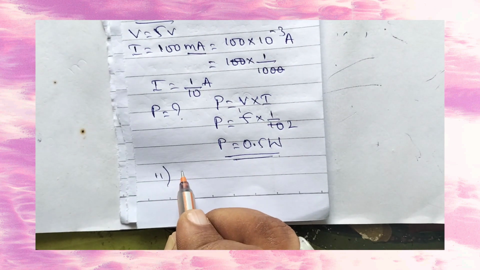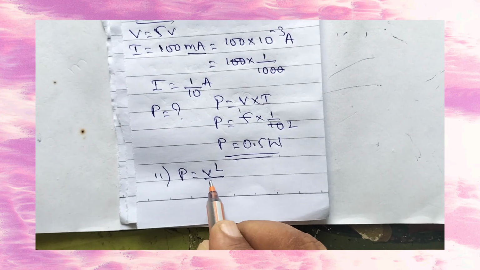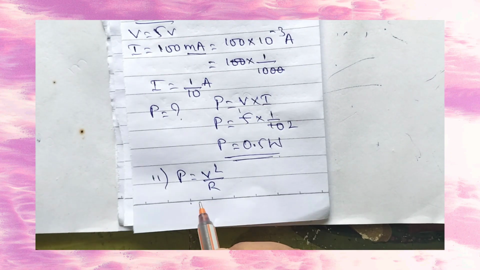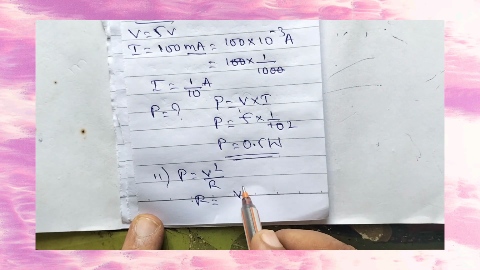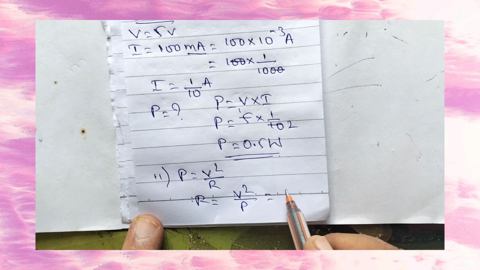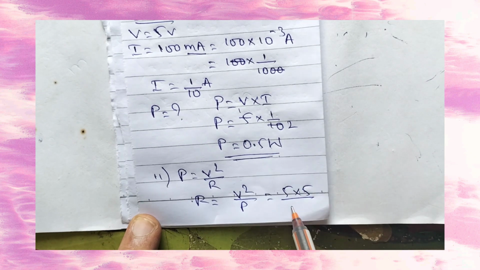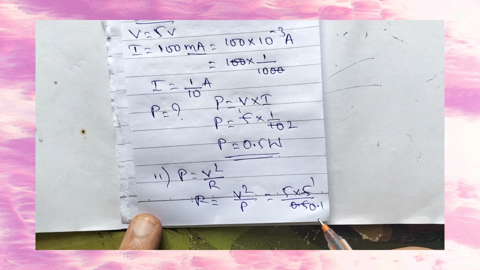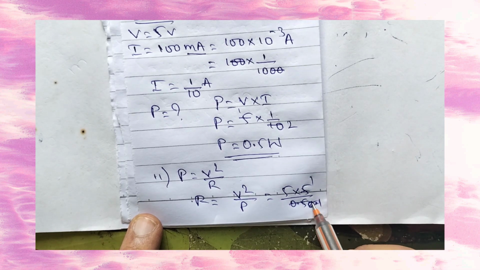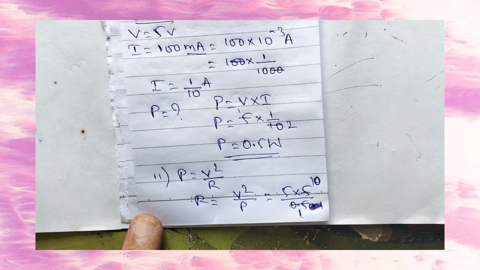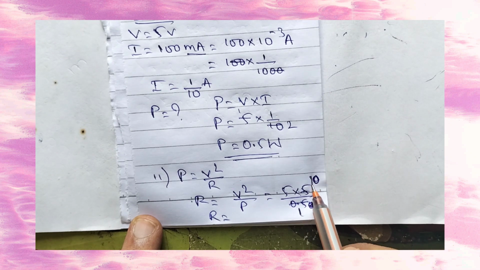So P is equal to V square by R. So we want R. So R is equal to V square by P. That is equal to V square, which is 5 into 5, divided by P, which is 0.5. 0.5 ಈಗ ಮಾಡ್ಕೊಳ್ಳೋಣ. 5 into 10, 0.5 ones are 0.5, 0.5 tens are 5 ಆಯಿತು.